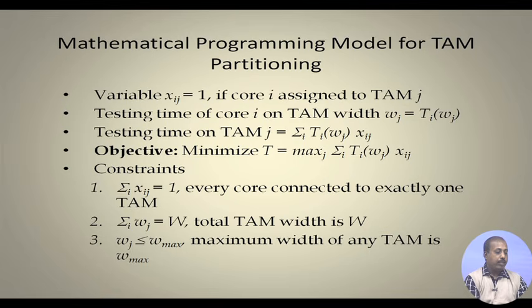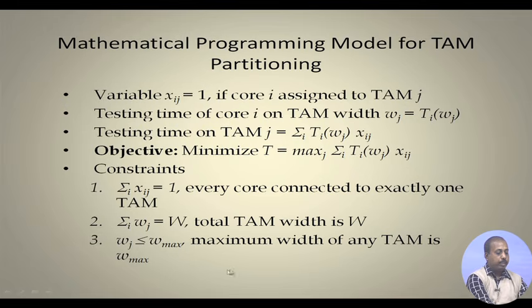The second constraint is on the width of all these terms, the partitioning that has been done. So, sigma over j of wj should be equal to w, the total term width. And finally, any term width wj must be less than or equal to w max.